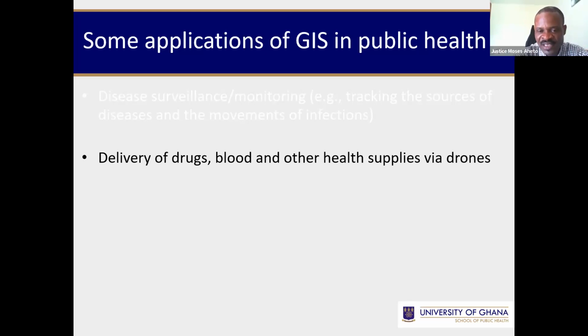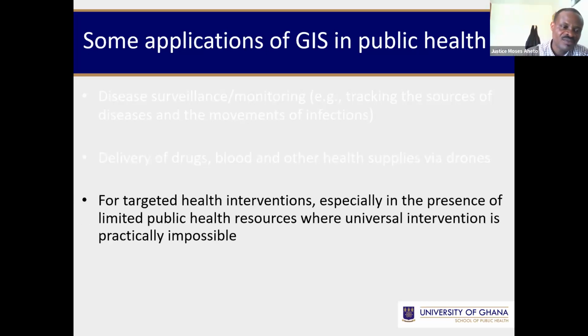For instance, if there's a health facility, maybe due to conflict or flood, that human beings cannot get to, maybe no car can access that road and nobody can pass that road to the place, at least if you have a drone, you'll be able to supply essential drugs or some blood or other health supplies to those hard to reach communities. These are all based on the idea behind the geographic information systems.